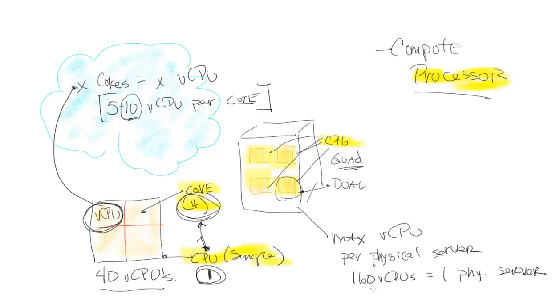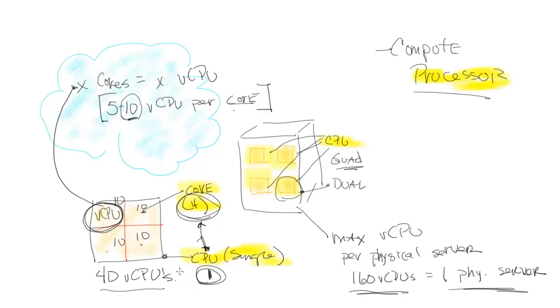So if you look at that and you say 160 virtual CPUs equal that, and I'm going to have 10 virtual CPUs per core, and I've got 4 cores, so this is 10, 10, 10, 10.